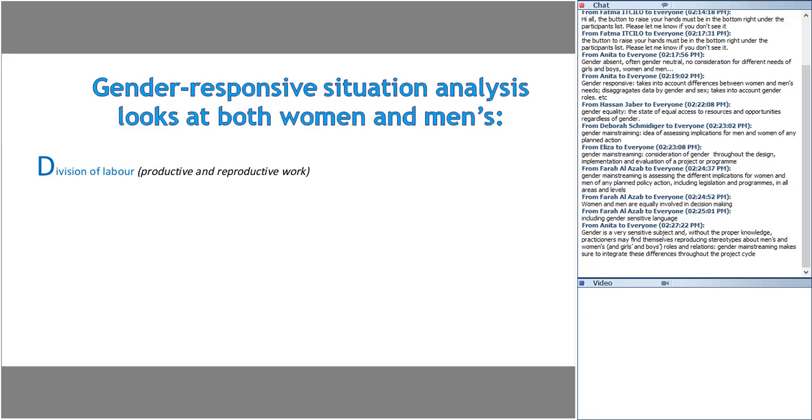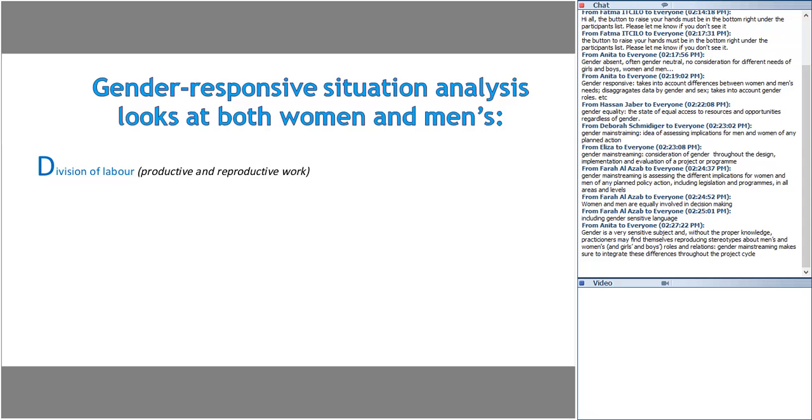So I'm just going to look at, within this community, who is working in productive work, who is concentrated in carrying out unpaid reproductive work, what percentage of men are taking on their responsibilities in the household, what percentage of men are engaged in elder care in the community or in their home, what percentage of women are engaged in paid productive work. It's as simple as that.